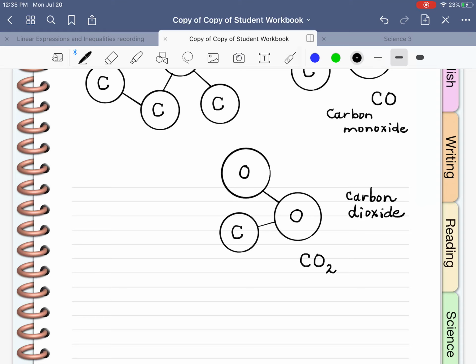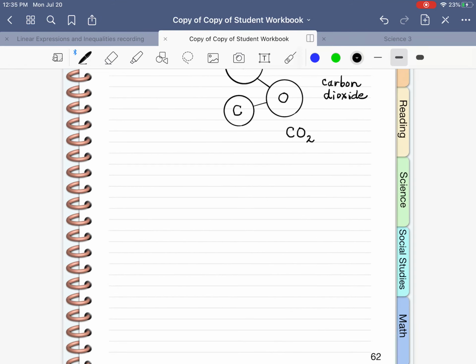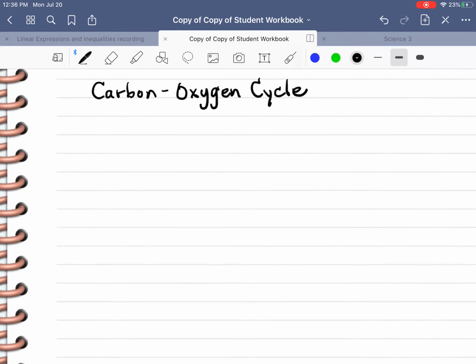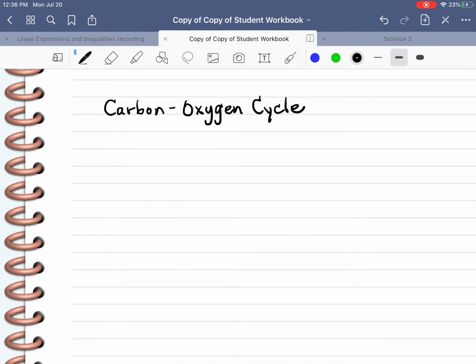And just a quick little example of why this cycle is so important. This is yet another cycle called the carbon-oxygen cycle. And I'm going to put this in very simple terms. I want you to imagine out there that here's John.